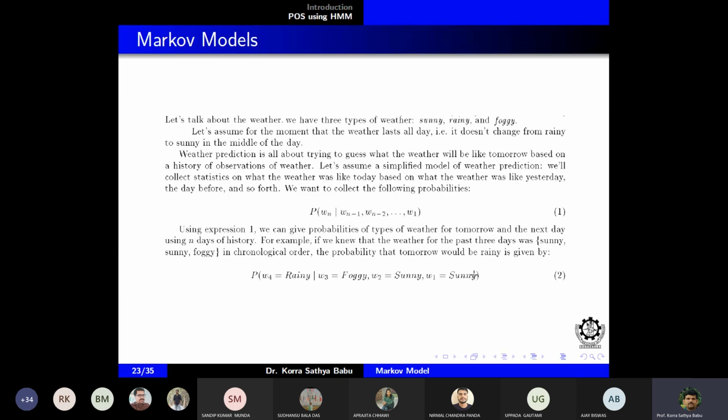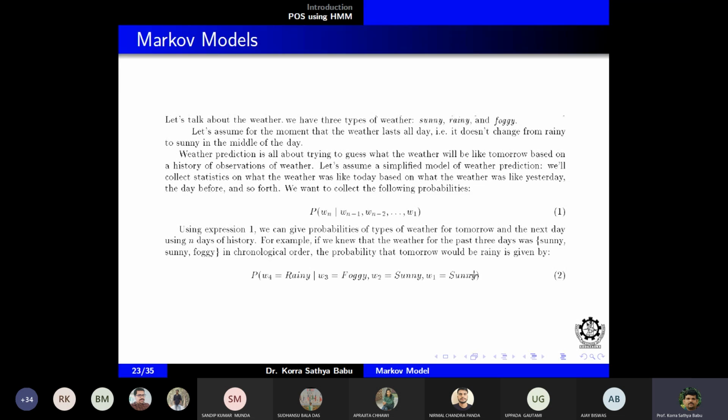Let's talk about the weather. We have three types of weather: sunny, rainy, and foggy. Let's assume for the moment that the weather lasts all day. It means that if it is sunny throughout the day, it will be sunny; if rainy, it stays rainy; and if foggy, it stays foggy.